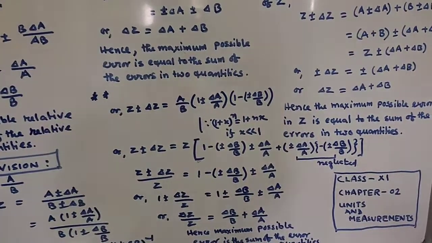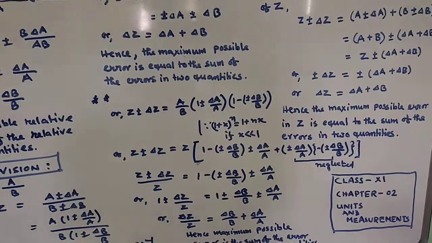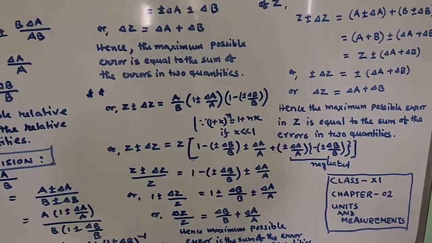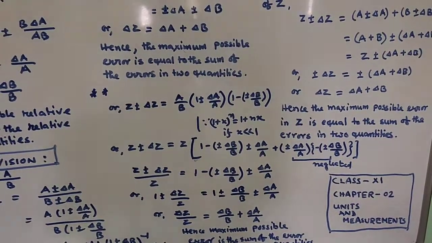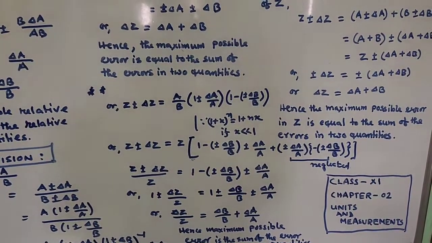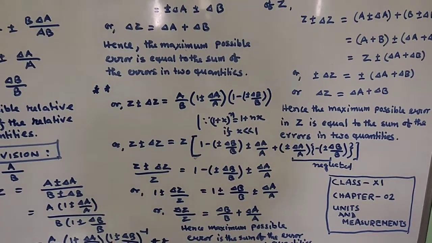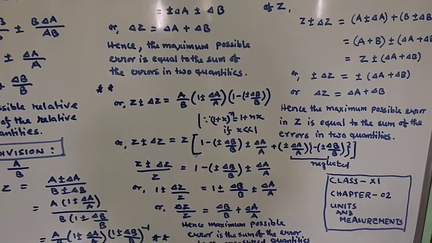So you are getting z ± Δz = A/B (1 ± ΔA/A)(1 ∓ ΔB/B). So A/B is your z.